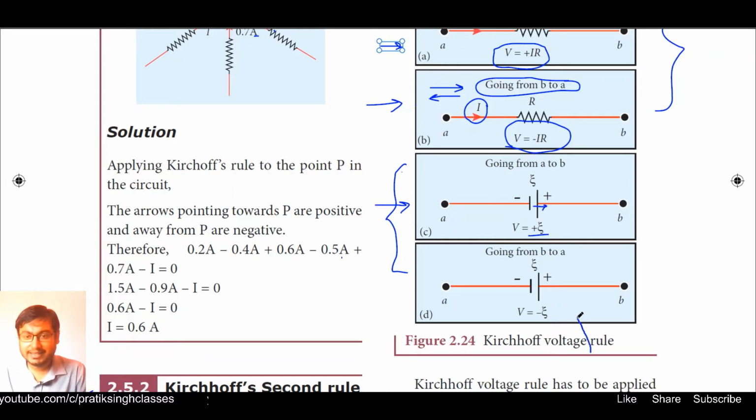But in this situation EMF is negative. Why? Because here we are going from positive terminal to the negative terminal of the battery, going from B to A. So now you understood in this situation we will have positive EMF, and in this situation we will have negative EMF. Fine. So these things will help in finding out current in a mesh, using Kirchhoff's second rule or Kirchhoff's loop rule. Okay, moving forward.